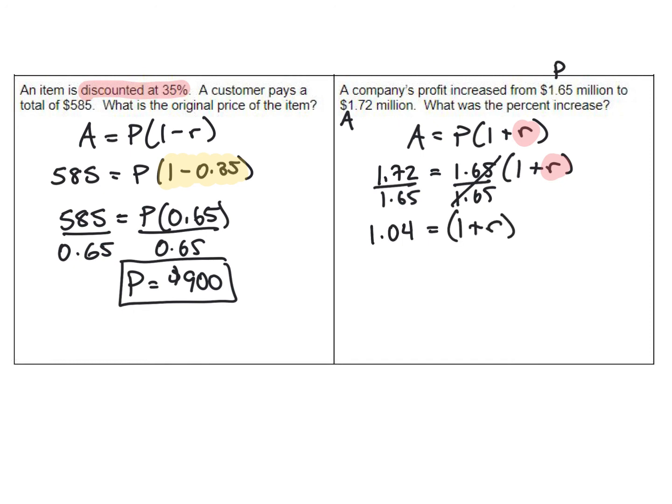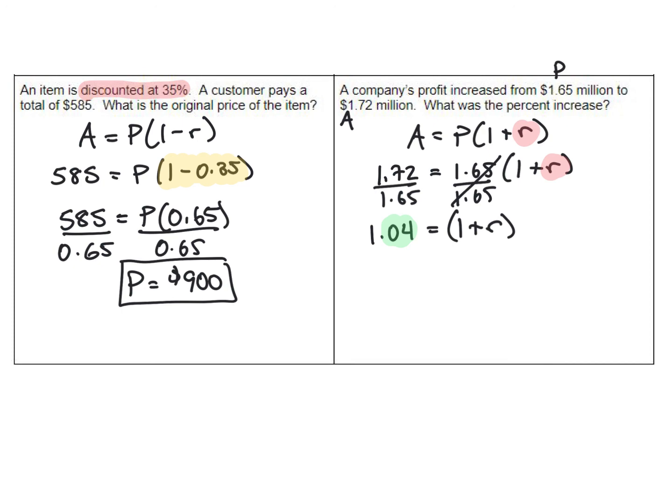Okay, so 1 plus R is 1.04. Now, the way to think about this, I guess algebra, we can solve this by just simply subtracting 1. But remember, for percent increase, we always add on the rate. So my 1 plus R, if I just simply look at 1.04, that 0.04 would represent the percent increase or the rate.